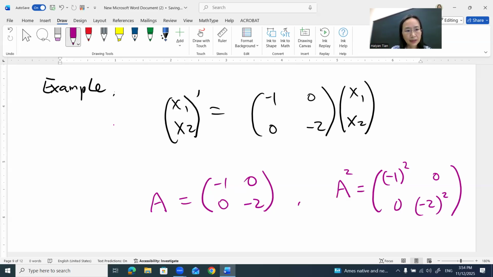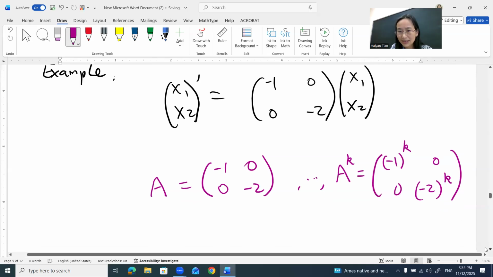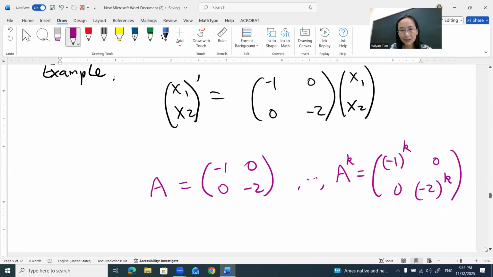So if you want to give the general formula for the K's power, it's very easy to find any power of this diagonal matrix. So just to the K. After we find that, then think of the fundamental matrix. Now we're ready to represent the fundamental matrix.